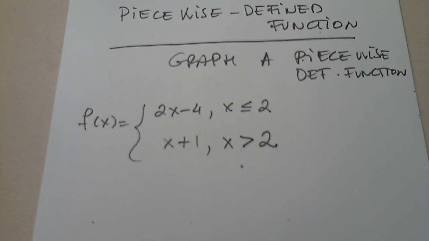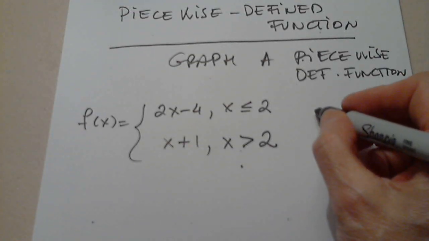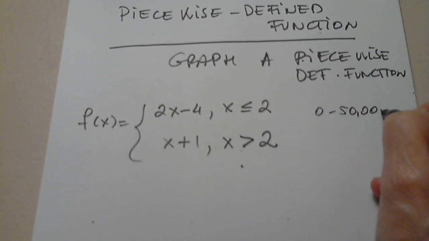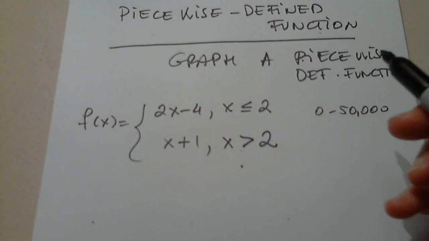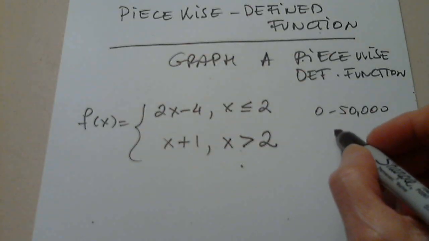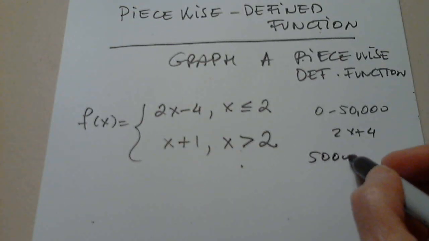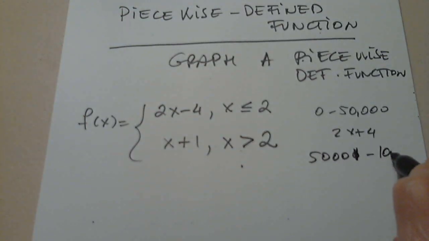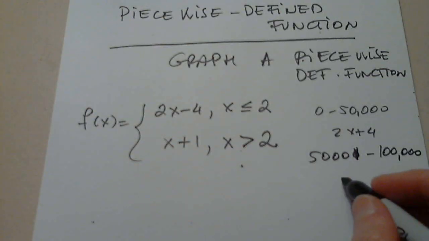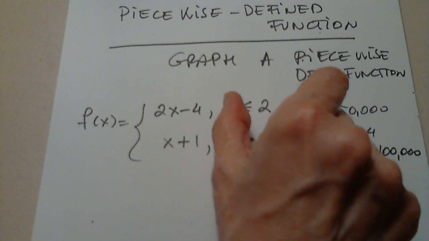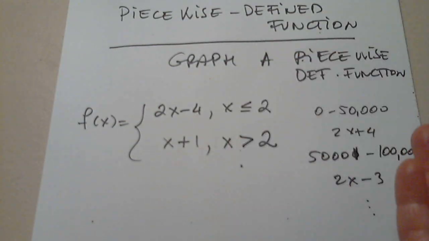Meaning, if a person makes, making up numbers, from $0 to $50,000 per year, the tax code has a function, let's say 2x plus 4. For somebody who makes between 5,001 and 100,000, the tax code is 2x minus 3, making stuff up, and so on and so forth. That's a piecewise defined function, meaning for every piece of x, there is a different function.